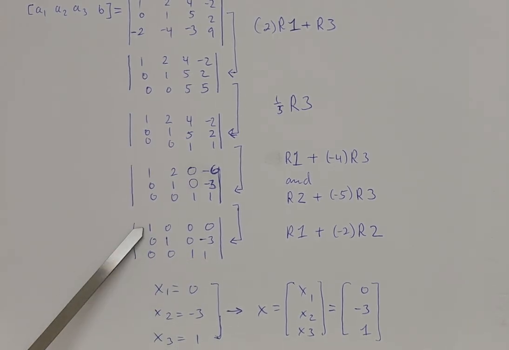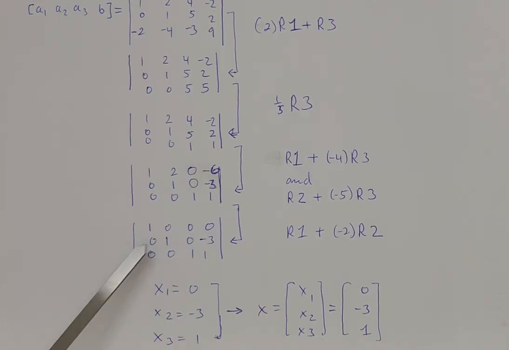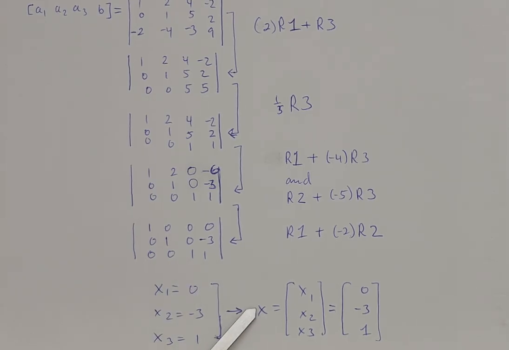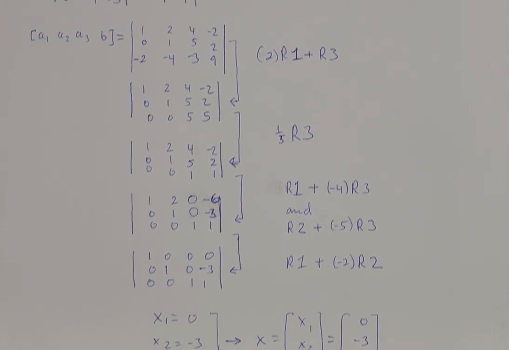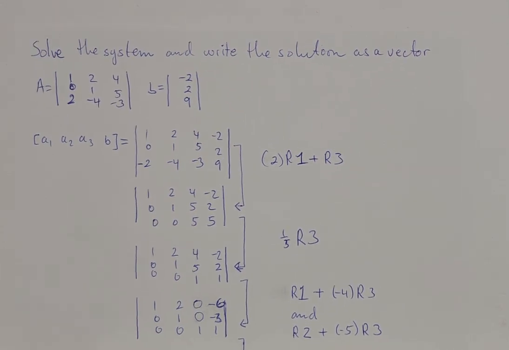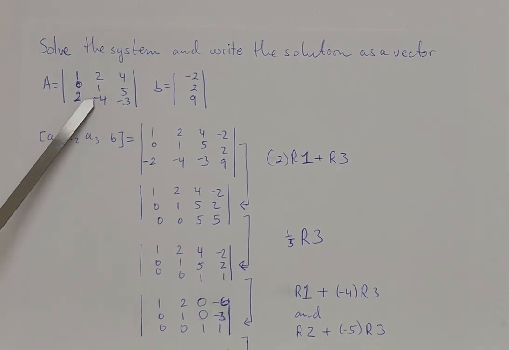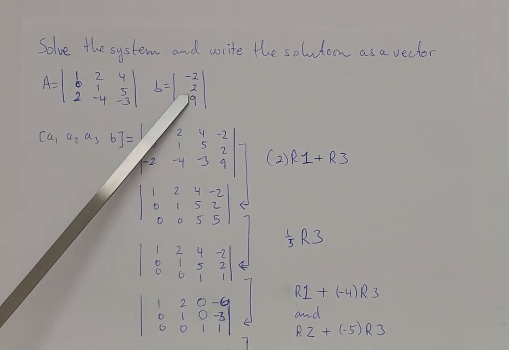And then you can write it in this format: x equals variable 1, variable 2, variable 3. The solution is 0, negative 3, positive 1. So this is the solution to this system, matrix A and B. Okay.